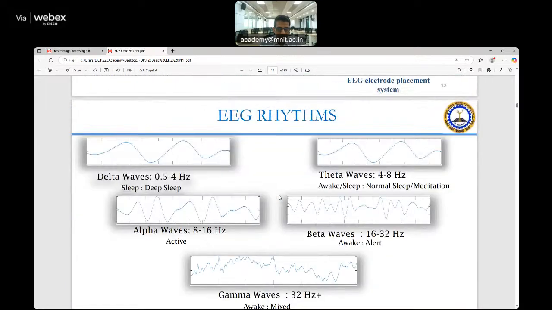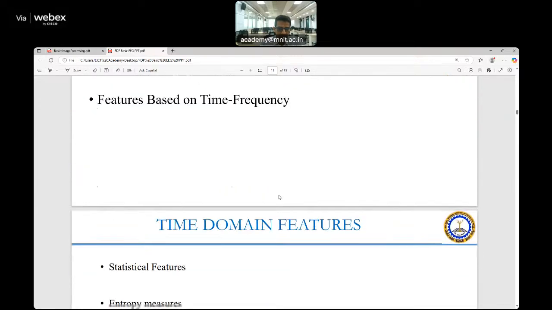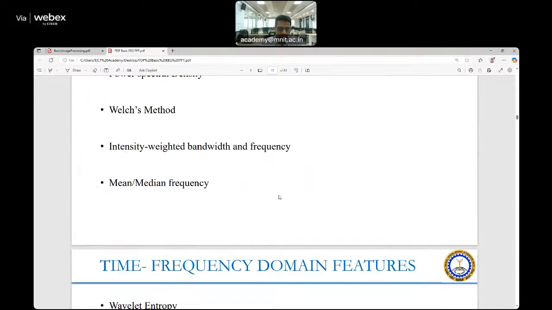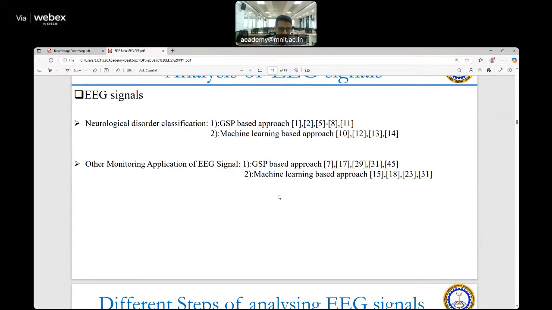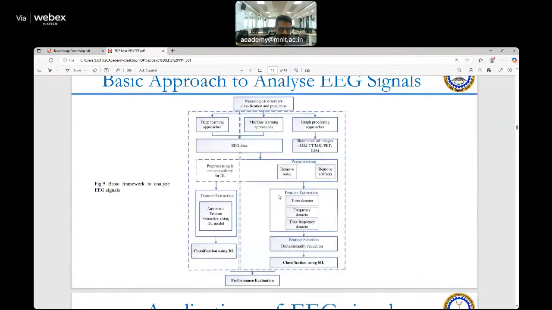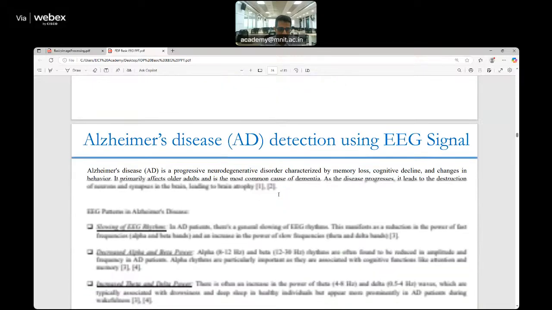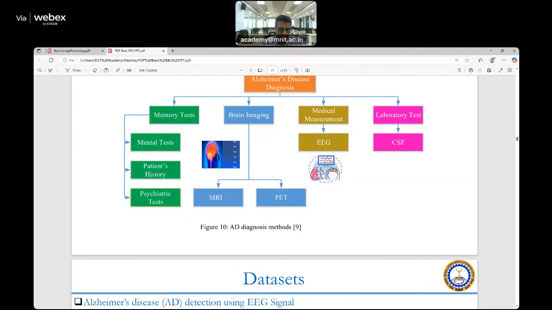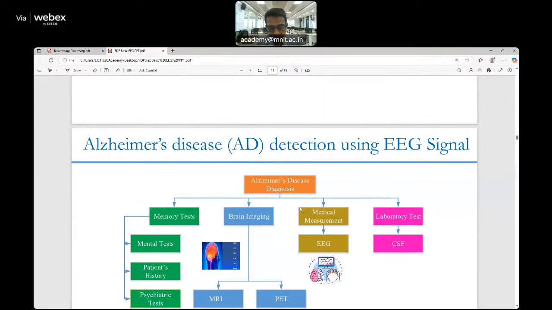EEG rhythms, we went through in the basics, here time domain features, frequency domain features, wavelet, entropy. We covered the different steps of EEG signal, the application of EEG signal, and Alzheimer disease also. Data sets, till this part we have covered.